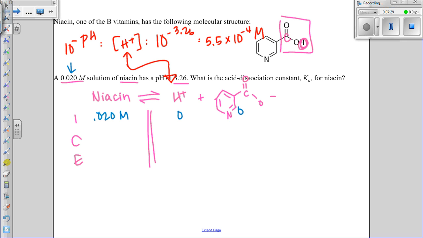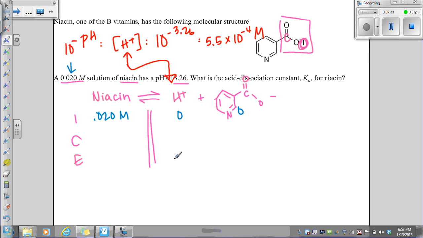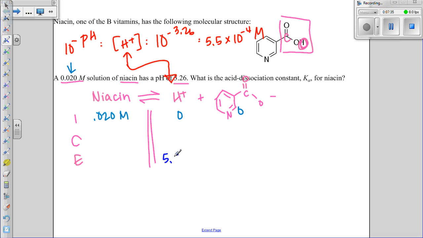So now we're going to substitute or fill in our table. So this will be 5.5 times 10 to the negative fourth. Now you probably figured out from last time, because these two are in a 1-to-1 molar ratio, that this will also be the same thing. And this will be 0.020 minus 5.5 times 10 to the negative fourth.